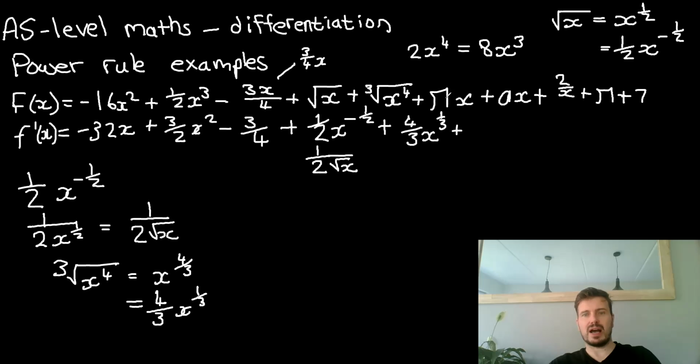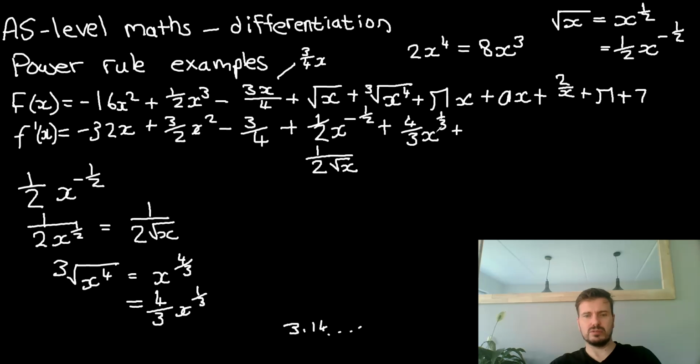Now we're going to do pi x. Pi x can be confusing, but it shouldn't be. Pi is just a number. We know that pi is an approximation of 3.14 and so on. Pi is just a number.